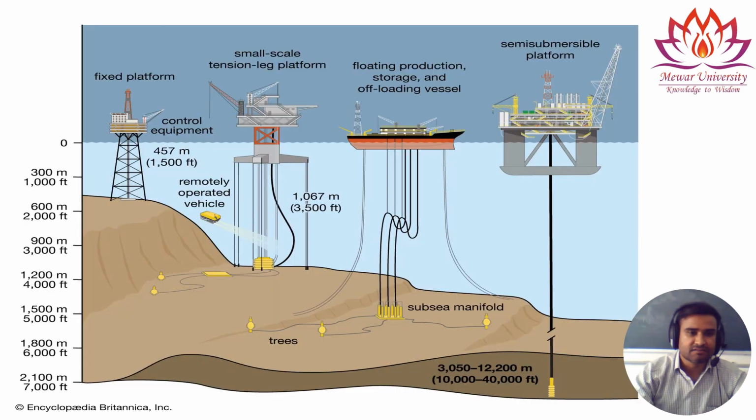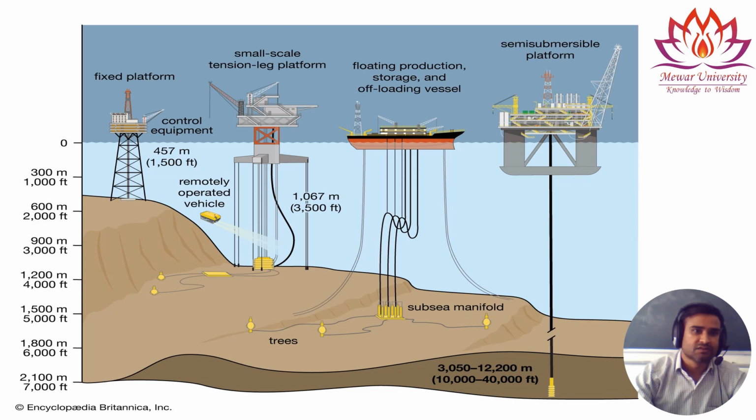Now you can see these are the different types of rigs used in offshore. The first is the fixed platform rig. This platform is fixed and can be used up to a depth of 600 meters.